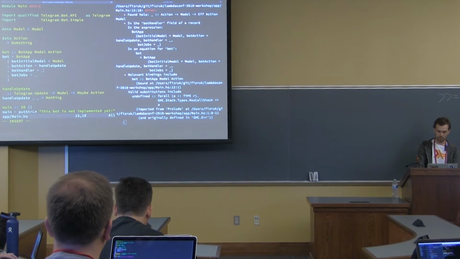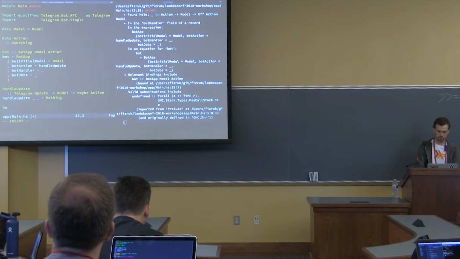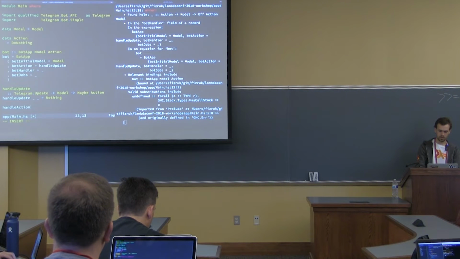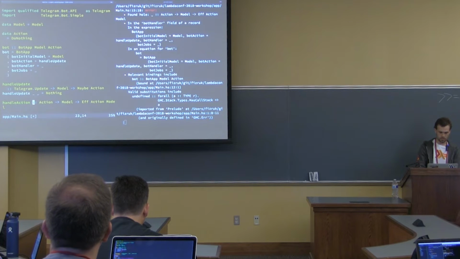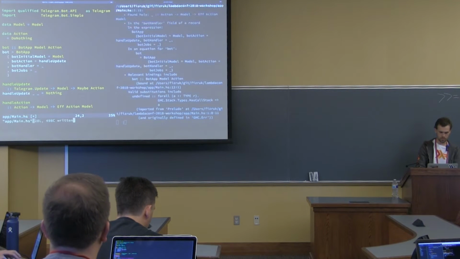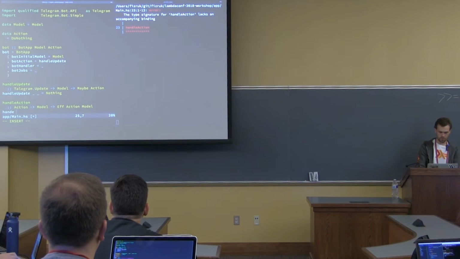Now botHandler is the actual handler of actions. So it takes an action, it takes the current state of our conversation, and it returns something of type F (Action, Model). Okay, I'll make it like this.